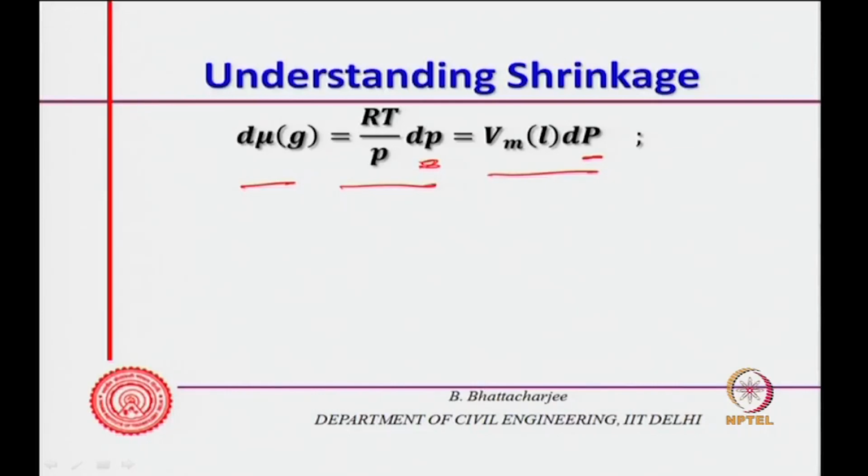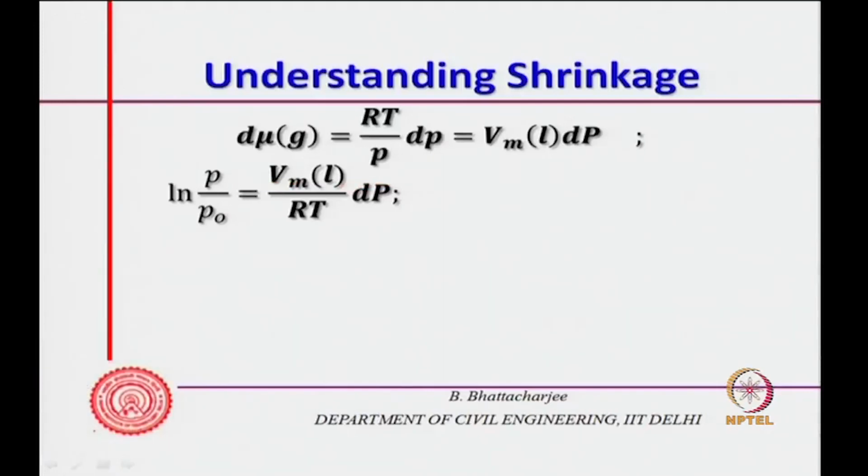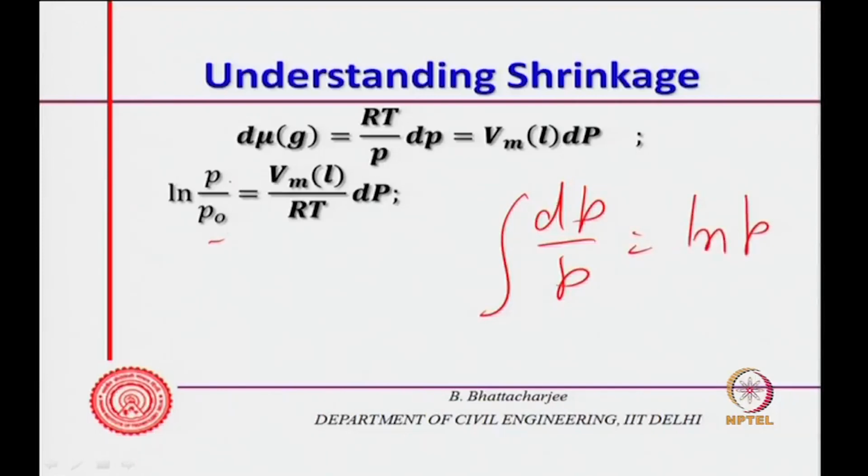So, if you integrate both sides, you will get ln P by P 0 must be equal to Vml dP. If you integrate dP by P, you will get ln P, putting the limits P 0 to P. So, the vapor pressure changes from P 0 to P, and that must be equal to Vml by RT for the applied pressure dP.